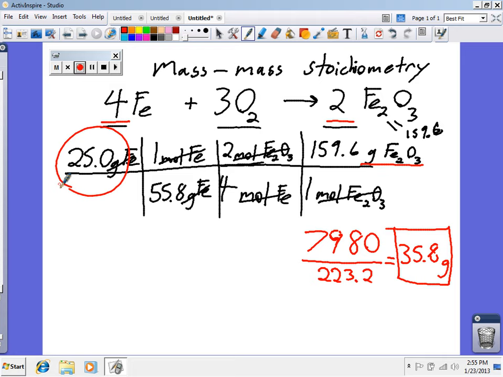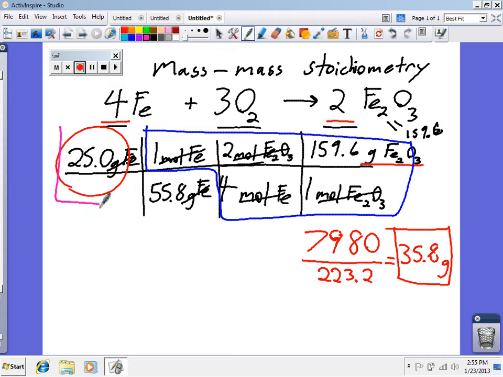What I want you to notice is that we are basically just adding on to the problem we did yesterday in class. Yesterday, we were dealing with essentially this, which I've outlined in blue. The only thing that we've done is added on something in the front, and that was a conversion from mass to moles, which I've outlined in purple.